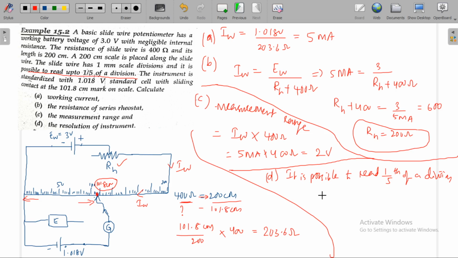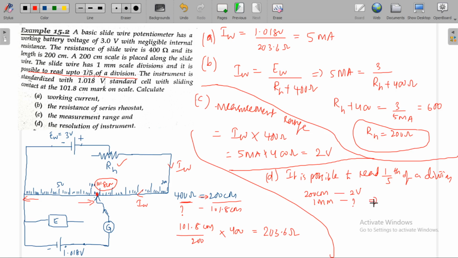Now let us find the voltage. Two hundred centimeters gives 2 volts. Then 1 mm gives how much voltage? What will be the voltage per division?